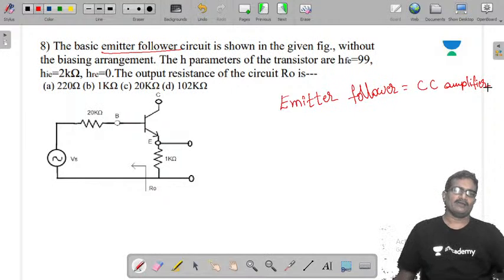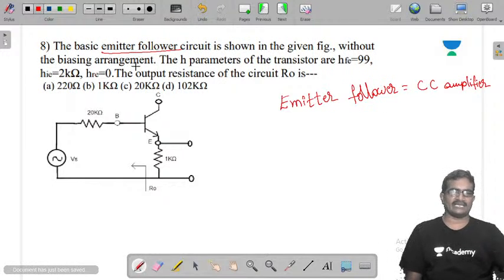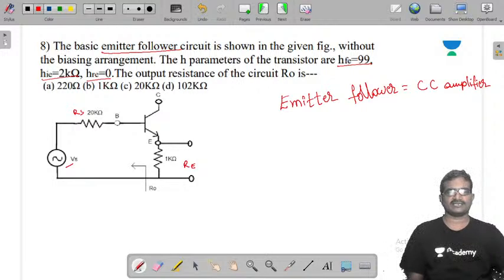It is shown in the figure without the biasing arrangement. There is no biasing arrangement. Just Vs, Rs, and the external load RL acting as a load. The h parameters of the transistor are hfe 99 and hie 2 kilo ohms, hre 0. The output resistance R naught of the circuit is?